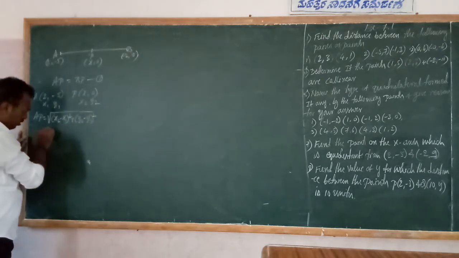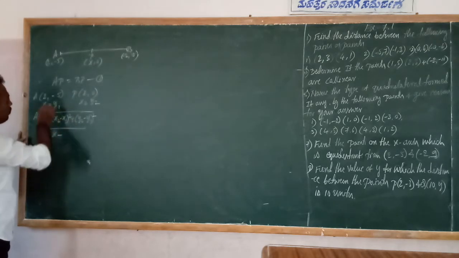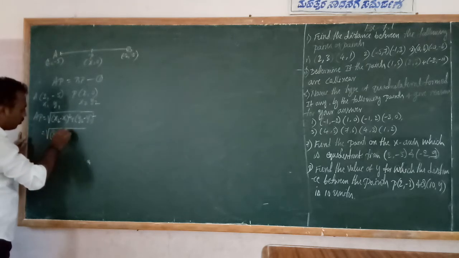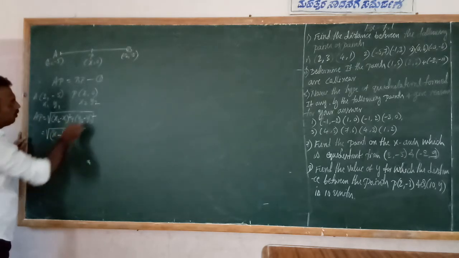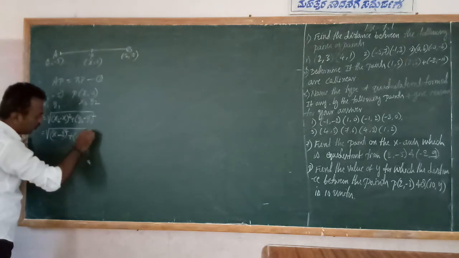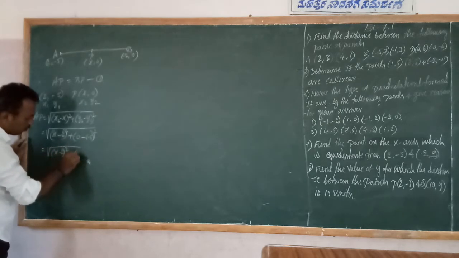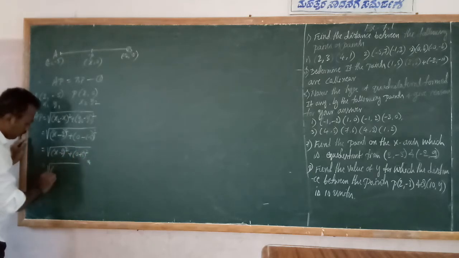So square root of (x minus 2) whole square plus (0 minus of minus 5) whole square, which is square root of (x minus 2) whole square plus 5 square, that is 25.